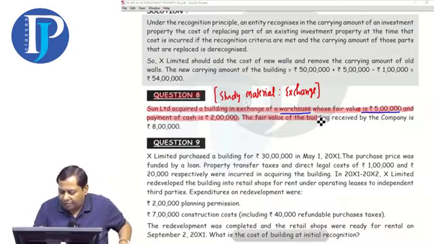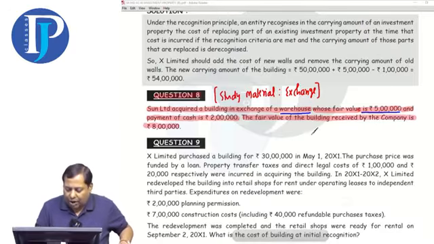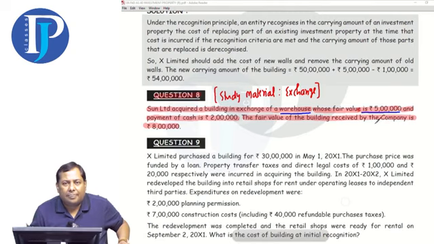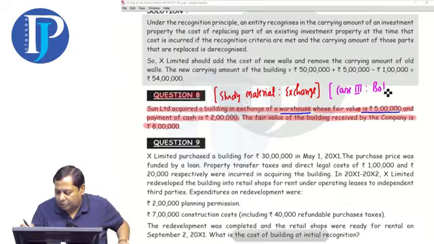So students, the fair value of the building received by the company is 8 lakh rupees. They are also telling the value of taken up. That means this becomes case 3 for you. This is case 3. Write it down in your book. Write about both values.